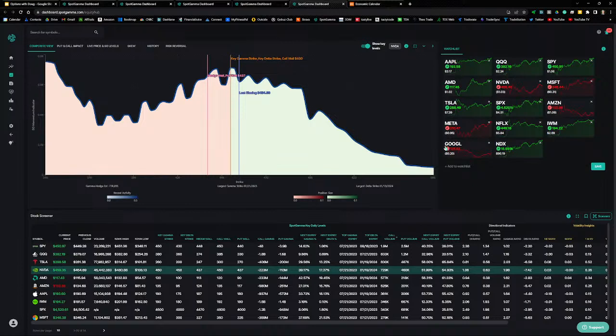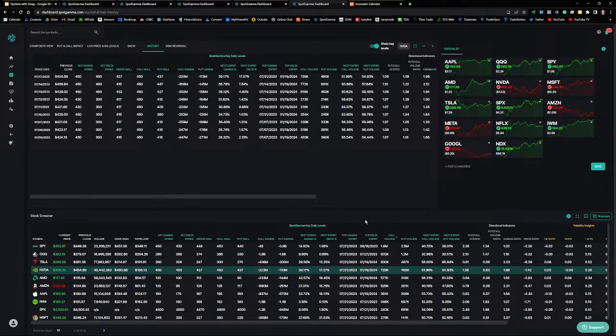All right, so first of all, here's how I would look at NVIDIA. The key gamma strike has remained at 450 for the last 3 days. Now it did increase over the last 5 days, from 420 to 430, now at 450. The call wall remains at 450, has not shifted higher.